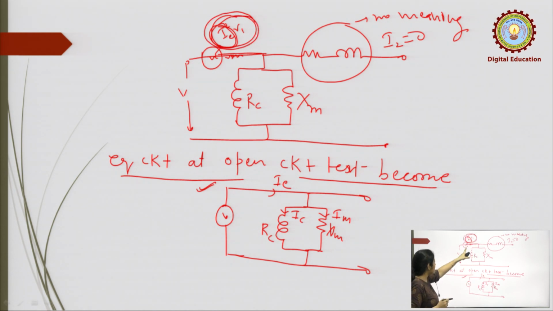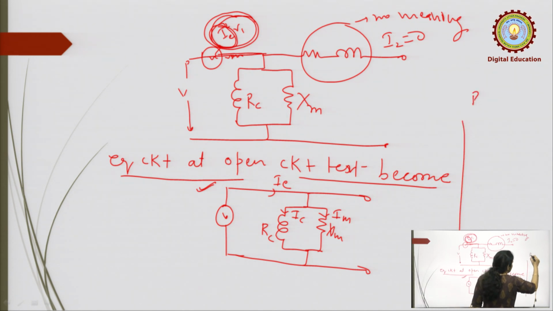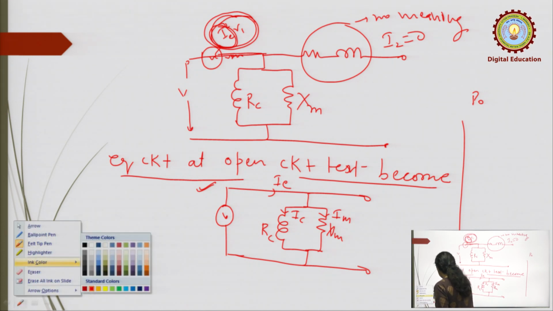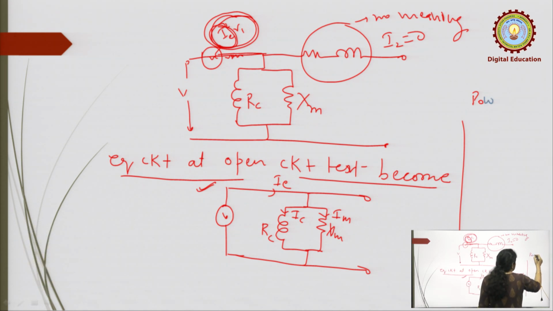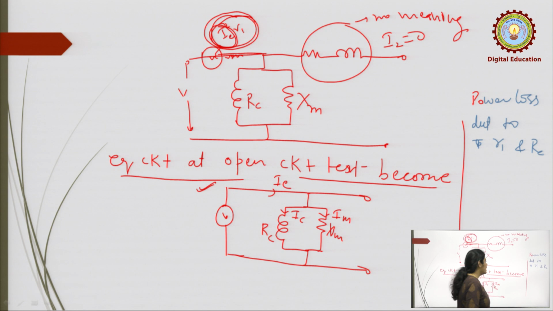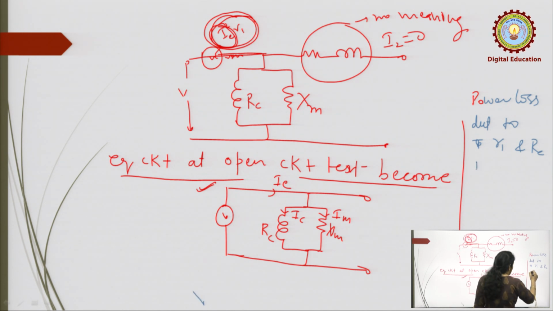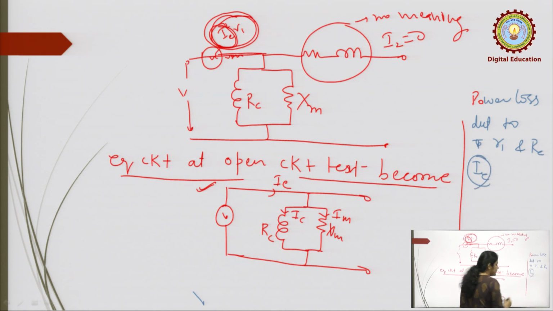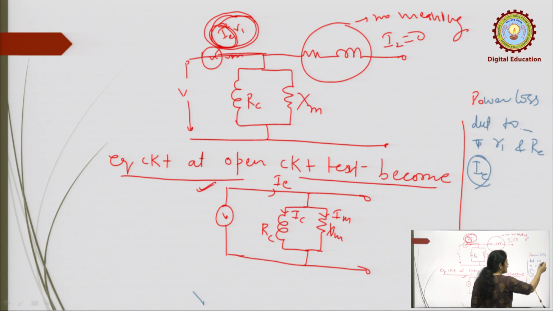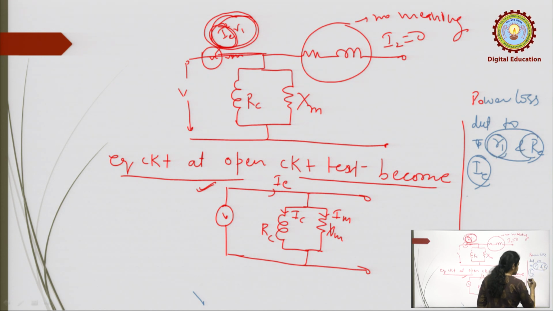The power loss is due to R1, the resistance in the primary, and Rc, the core loss component, but the exciting current is only 2 to 6% of the rated current, so it is very small.